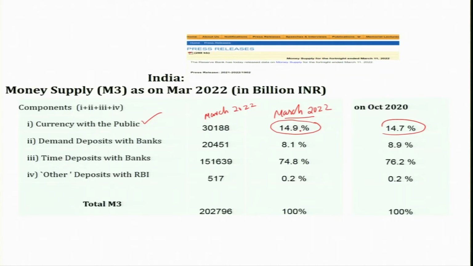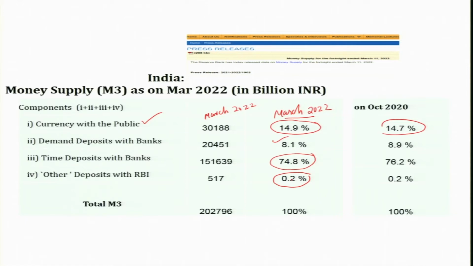So, the remaining 85% is demand deposits with the bank, which consist of 8.1%, time deposits, which are also part of the money supply definition, consisting of approximately 75%, and 0.2%, which is called other deposits with the RBI.